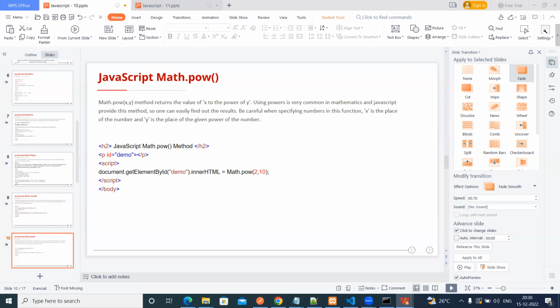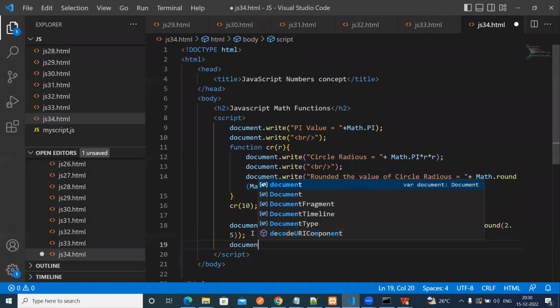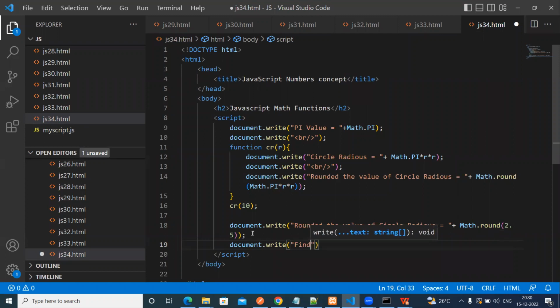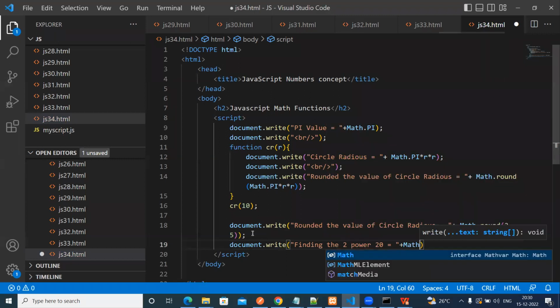Now we can see an example. Suppose document.write, finding 2 power 20, equal to, so then we have the function called Math.pow.